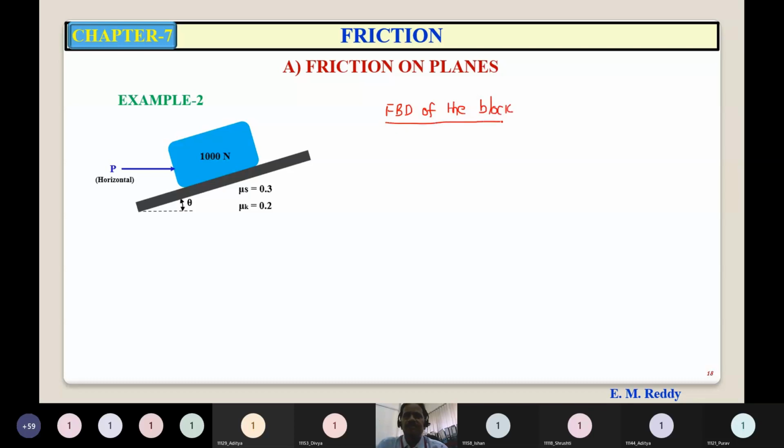What is a free body diagram? It is the diagram of the body which is isolated from the system, showing all the forces acting on it. Now we are drawing the FBD of the block, so the block is to be removed from the system. The block is in contact with the inclined surface, so this inclined surface will offer a normal reaction on the block. What are the forces acting on the block?